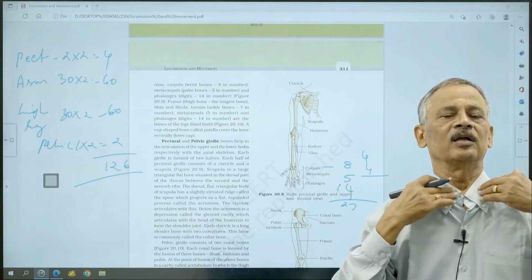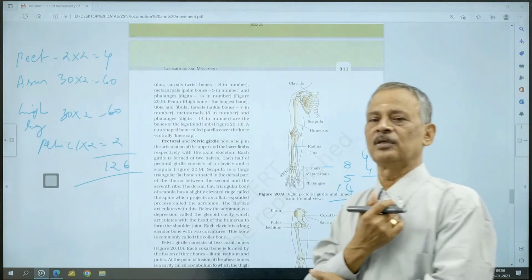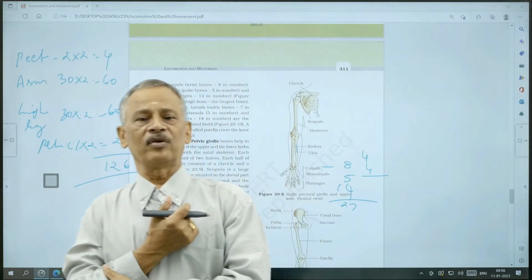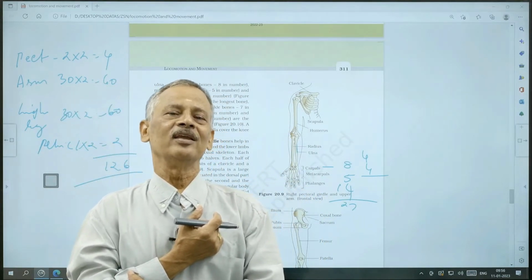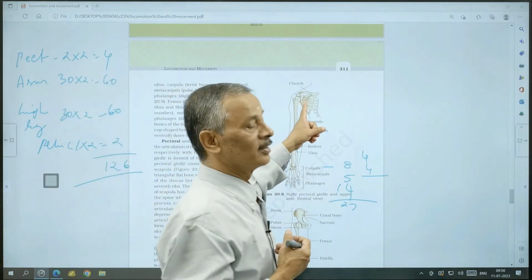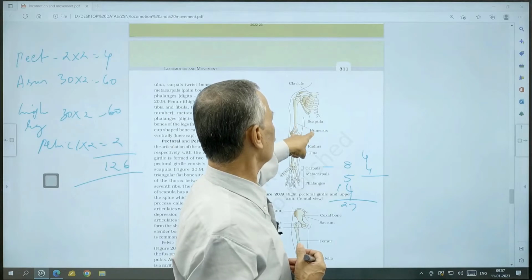Okay, a thin flat bone with 2 curves. That is the clavicle. It is also commonly called the beauty bone. The humerus is called the funny bone.